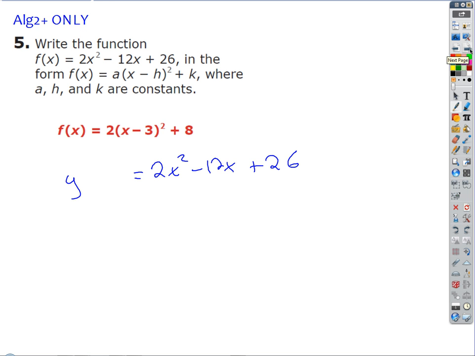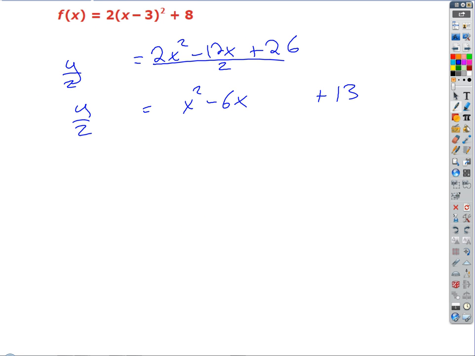So we want to get rid of that 2, right? We have to be able to write this in the form x squared plus or minus some number on this side. So we're going to divide both sides through by 2. Then we get y over 2 equals x squared minus 6x plus 13. Okay, now what? What's the number that goes with those to complete the square?